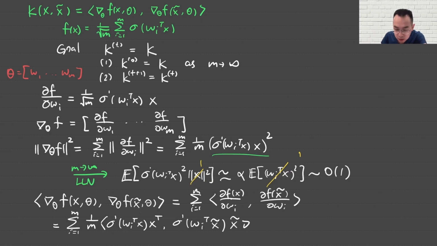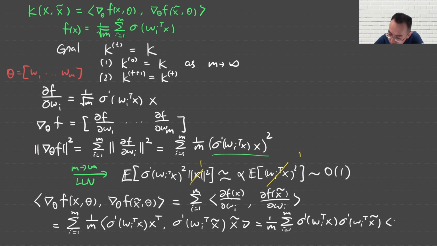Then you'll see that this sigma prime here is a scalar, which means we can pull it out. So we can write it in this way: 1 over m, then the sum, and then we'll have the sigma prime terms and then the inner product between x and x tilde.